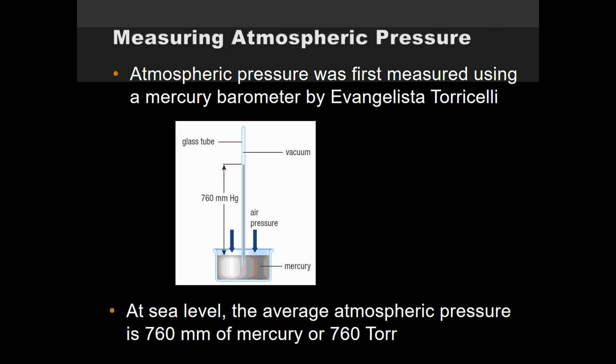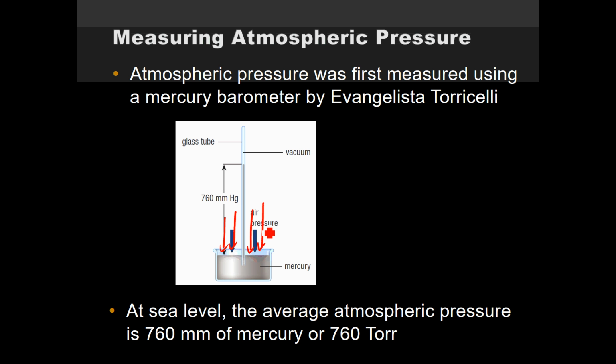We also have to worry about pressure when it comes to gases. And one of the earliest ways to measure pressure was developed by Evangelista Torricelli. He had a dish of mercury, and the mercury in the dish was connected to mercury in a glass tube. And what he noticed was that the pressure of the atmosphere varied slightly.